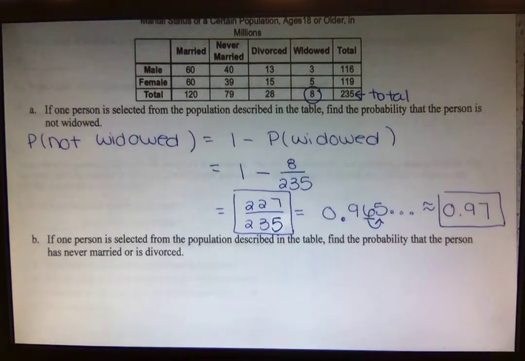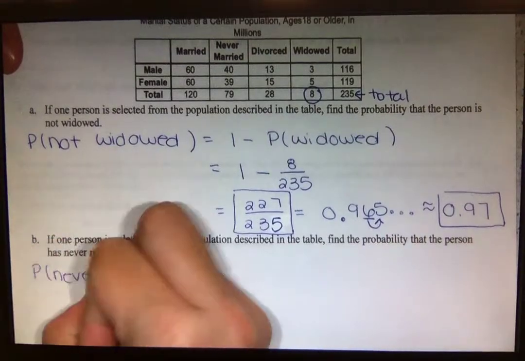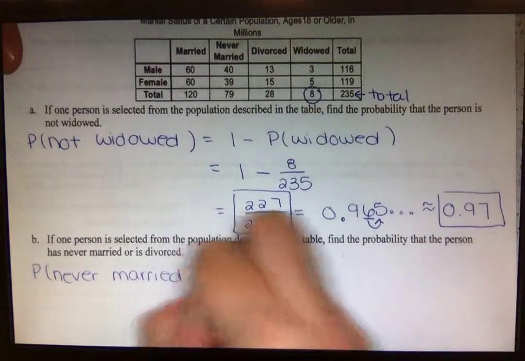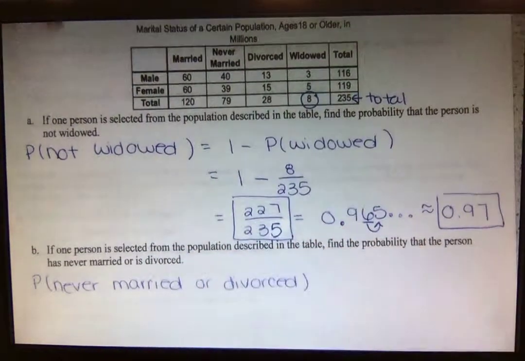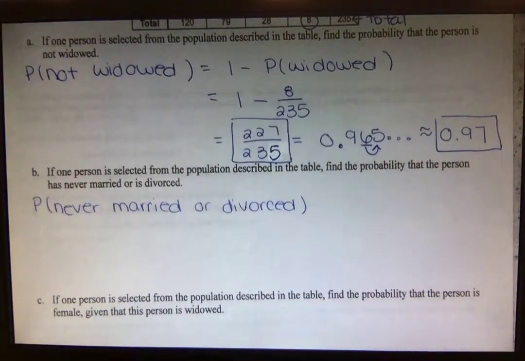If one person is selected from the population described in the table, find the probability that the person has never married or is divorced. So we're looking for the probability of never married or divorced. Are these two things mutually exclusive?